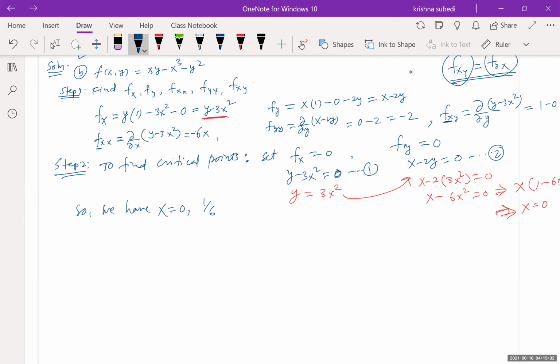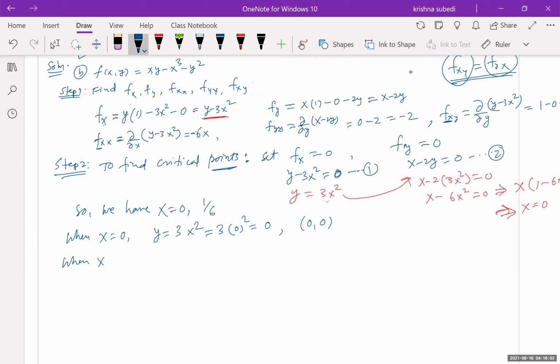Now, when we say point, we are trying to find a coordinate x and y. So let us find the coordinate. When x equals 0, how do we find the y value? Substitute the value. Here we already know y equals 3x squared, which means 3 times 0 squared gives you 0. So one point is (0, 0).